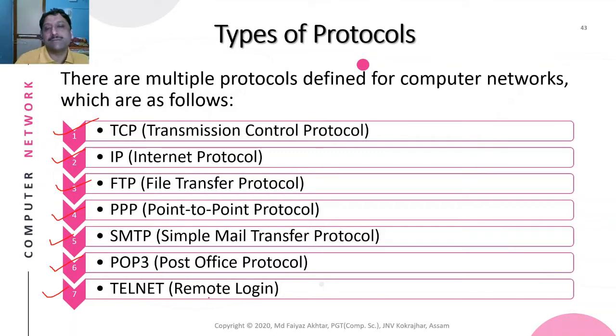If there is a server and client, then we have to log into the server computer to get our work from the server. For that purpose, TELNET is there. We will discuss them one by one.